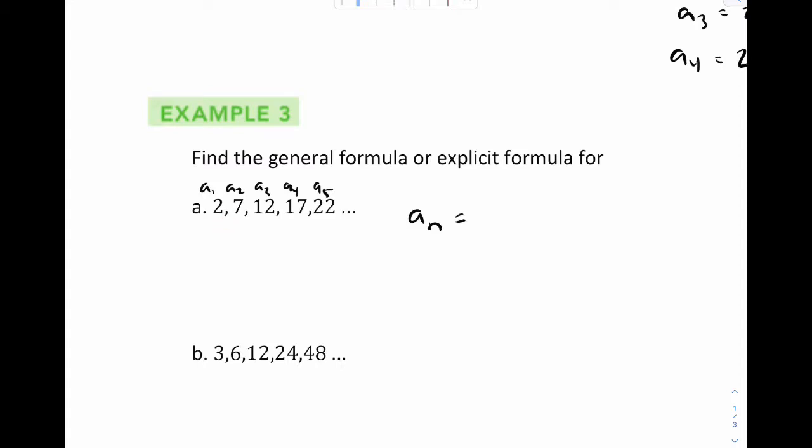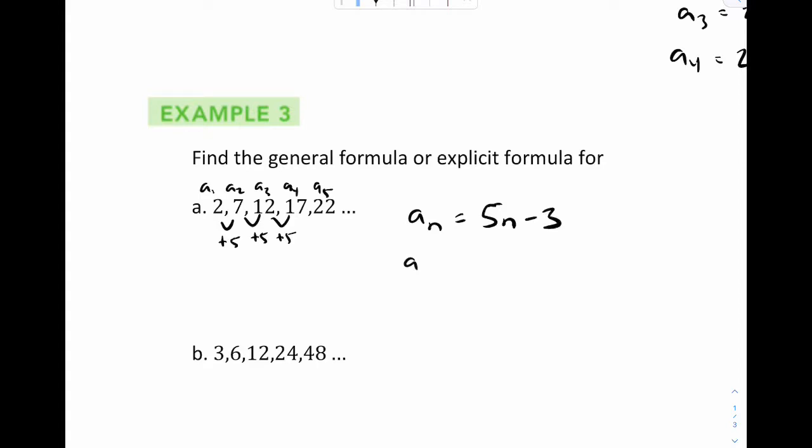I want you to notice that it's going up by 5 every time, which means there has to be a 5n in here, because that's the only way you're going to add 5 every time. But notice how if you plug in 1, you get 2. So think about it. If I plug in 1, I currently get 5. So to fix that, I'm going to put minus 3.